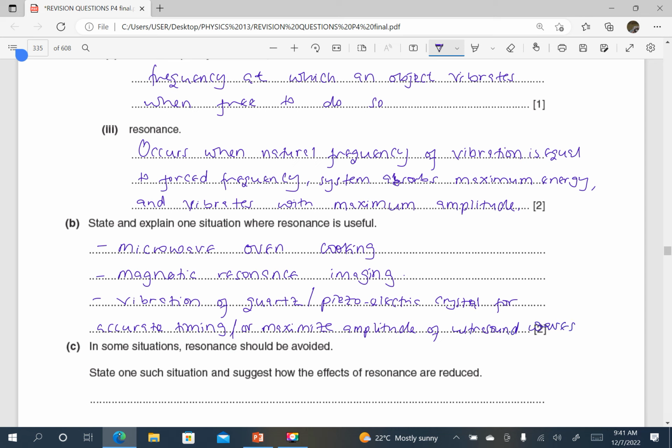So those are some of the applications of resonance.